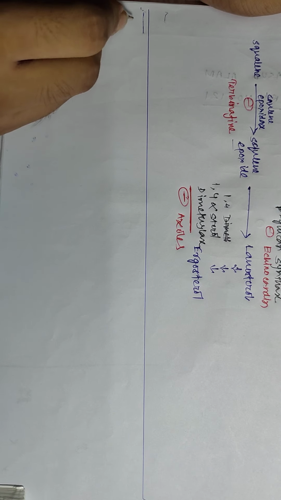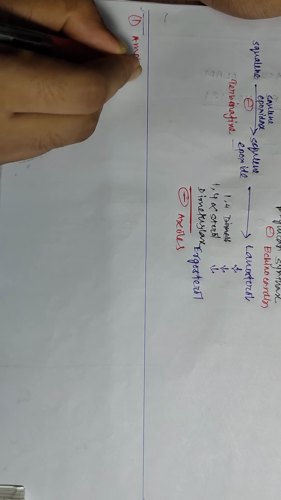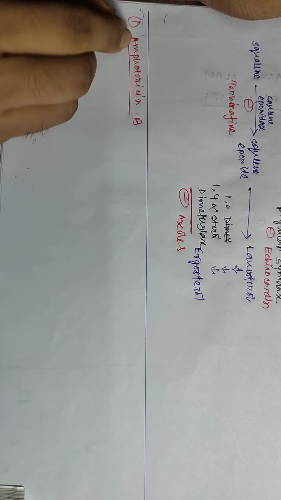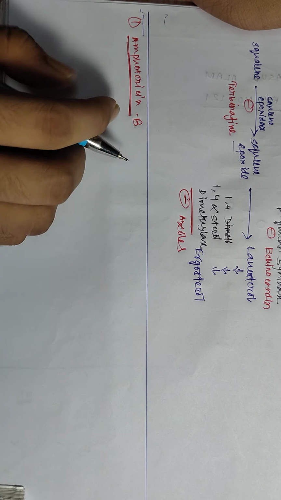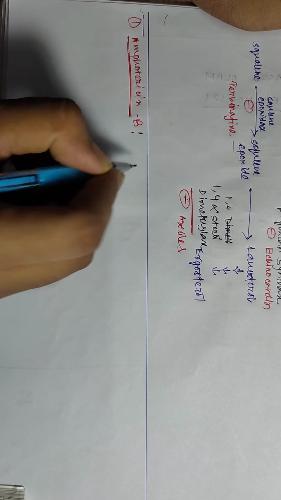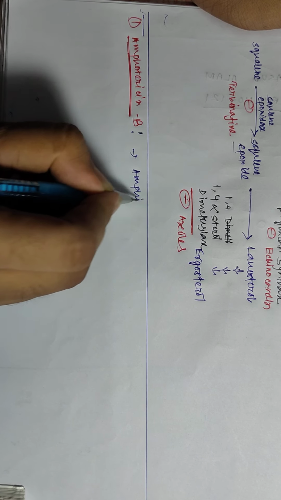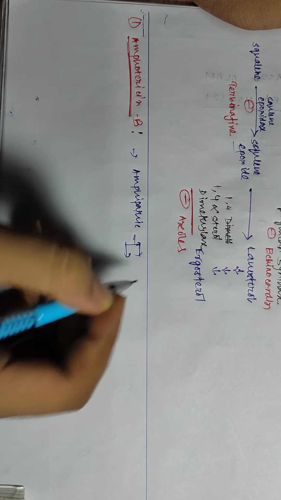So the first drug, that is amphotericin B. What should you know about this drug? This amphotericin B is basically an amphipathic drug, which means it has two components.